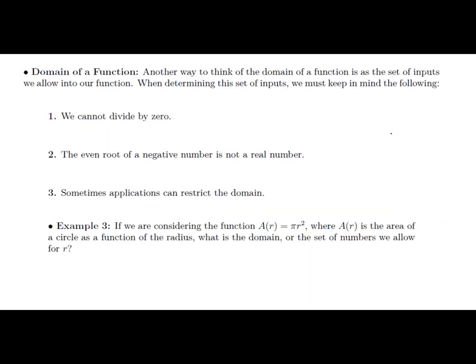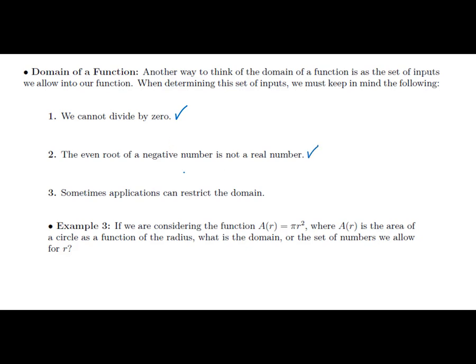So with that in mind, we can put these down as principles, right? When we're trying to determine our domain, we always remember that we're not allowed to divide by 0, and we should never take the even root of a negative number.